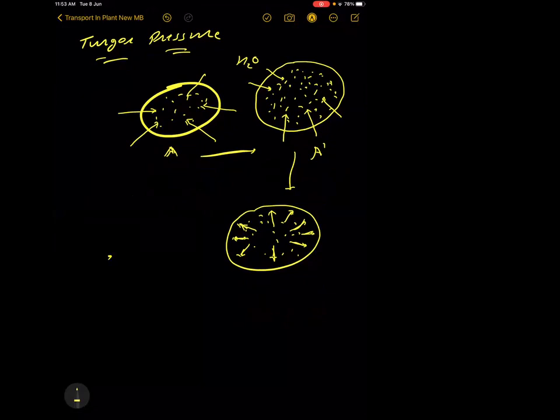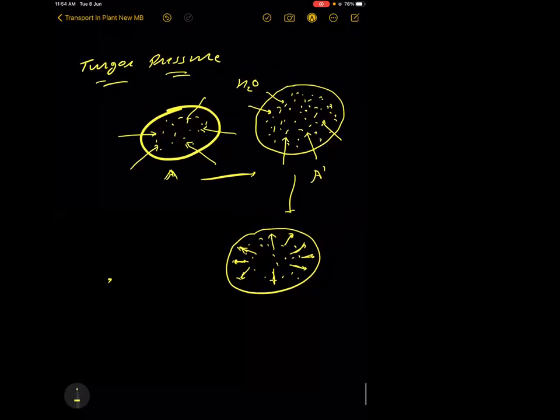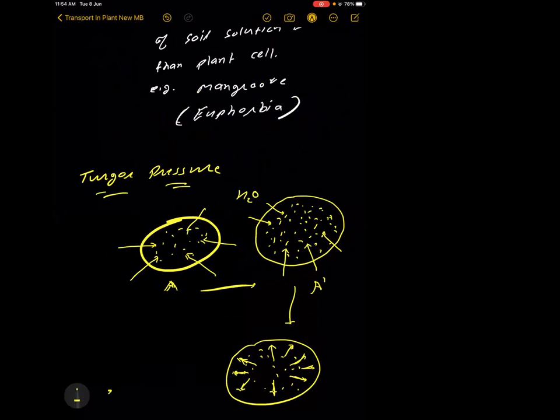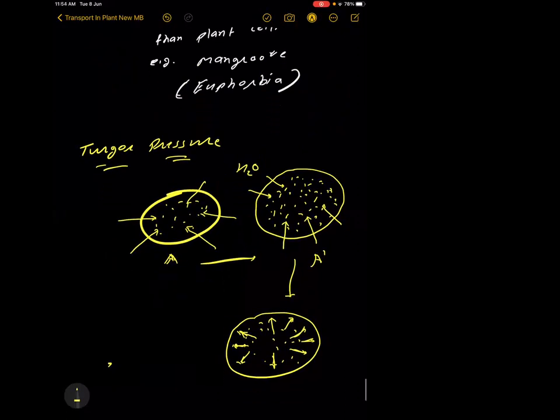It causes tension and stretching of the cell membrane and cell wall. Water is continuously entering the cell, and the cell becomes turgid now.